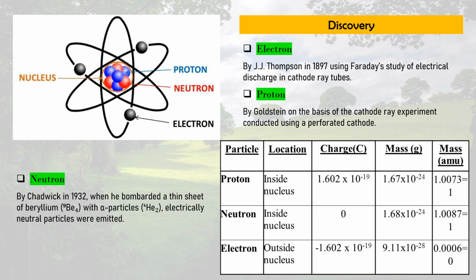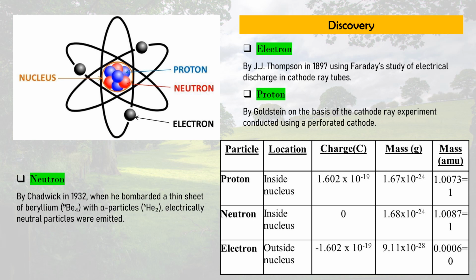And here we can see some characteristics of these particles. Protons are generally found inside the nucleus, neutrons also inside the nucleus, and electrons revolve around the nucleus.